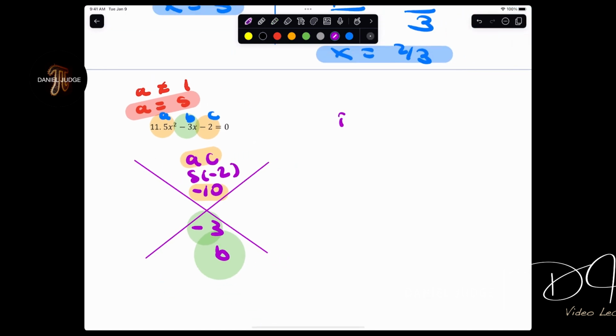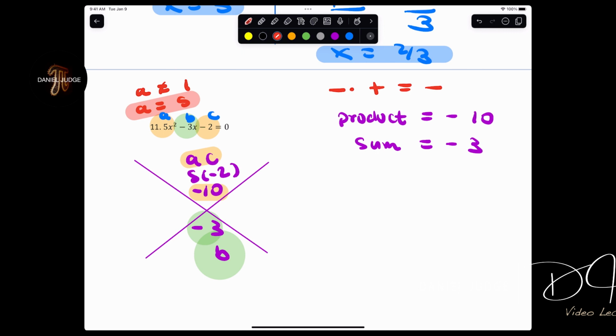So, again, product is -10. Sum is -3. We need two numbers multiplied together. Product is negative, so that means it's a negative times a positive, which will give you a negative, or a positive times a negative, which will give you a negative. So one of them's negative, the other is positive.